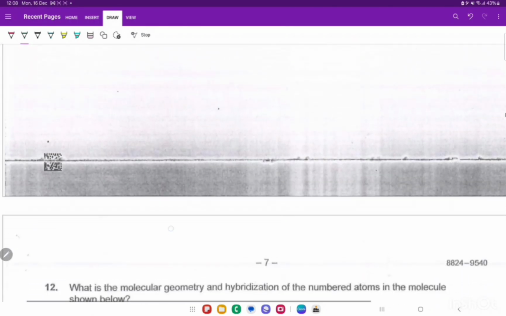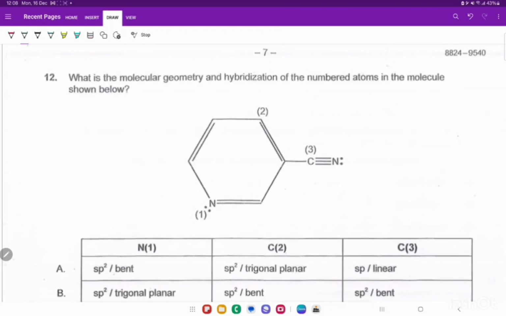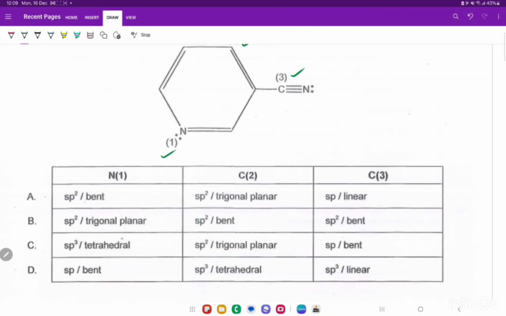Clear? Next, what is the molecular geometry and hybridization of the numbered atoms in the molecule shown below? Numbered atom means atom number 1, atom number 2 and atom number 3. First we talk about atom number 1. The nitrogen atom has a lone pair, a double bond and a single bond.